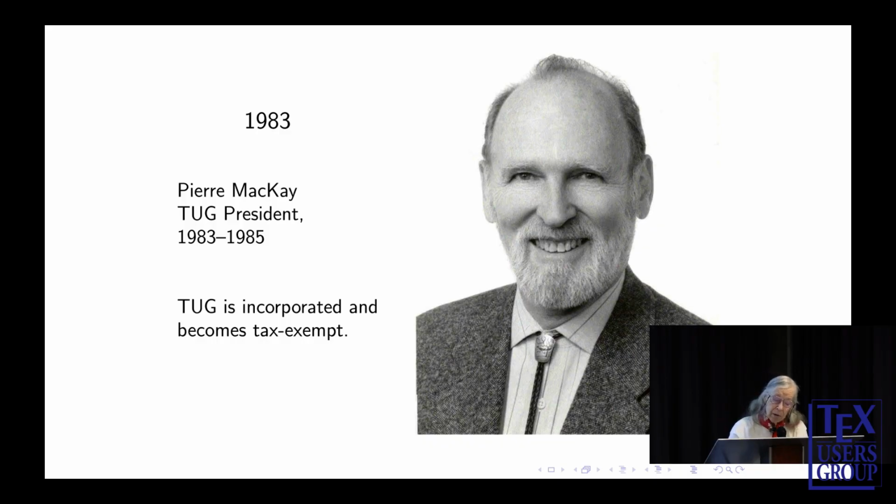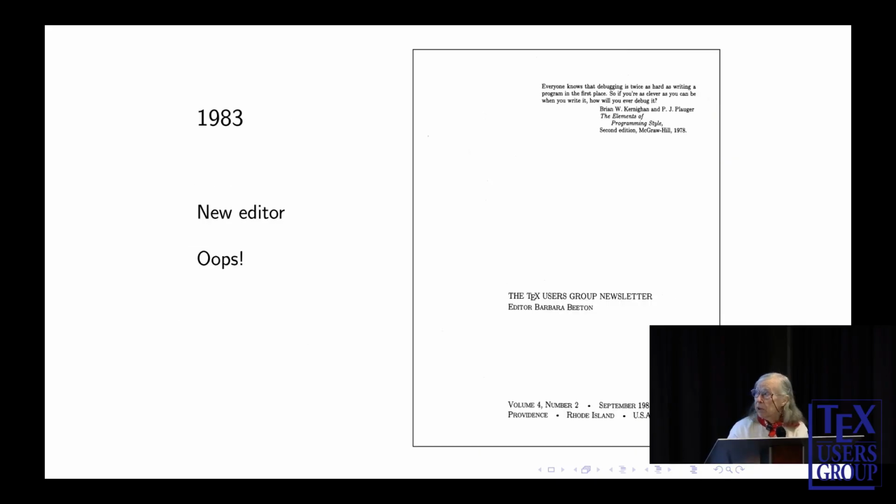However, Welland retired and I became the editor, which was a rather unsettling prospect. And you see what happened to the title page of the first issue that had my name on it. I forgot the title of the journal.